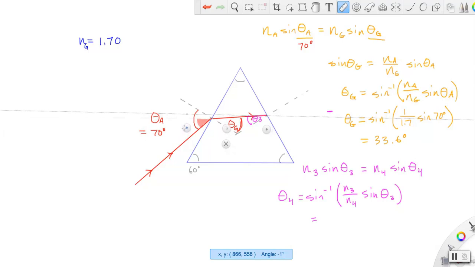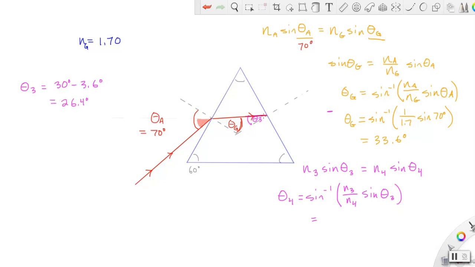So that means that if we had our horizontal here, that would be 30 degrees from the normal, but instead we are 3.6 degrees in from the normal, which means that theta 3 is given as 30 degrees minus 3.6 degrees. So that gives us 26.4 degrees. So our theta 3 is actually 26.4 degrees from the normal.